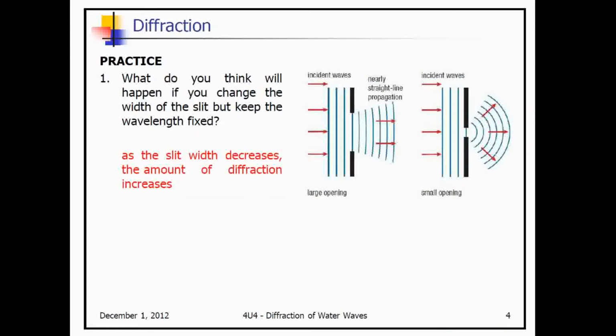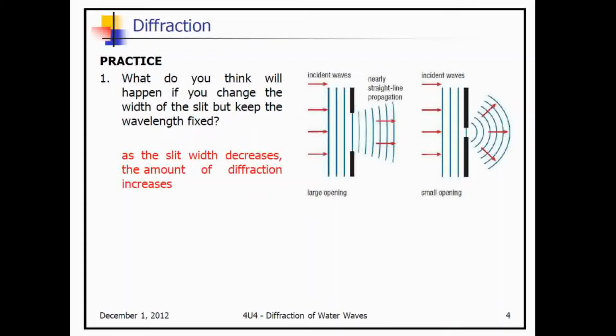We have these straight line propagation waves coming through this slit. If we have a very large slit, near the center of that we see nearly straight line propagation. There's some curving a little bit towards the ends.